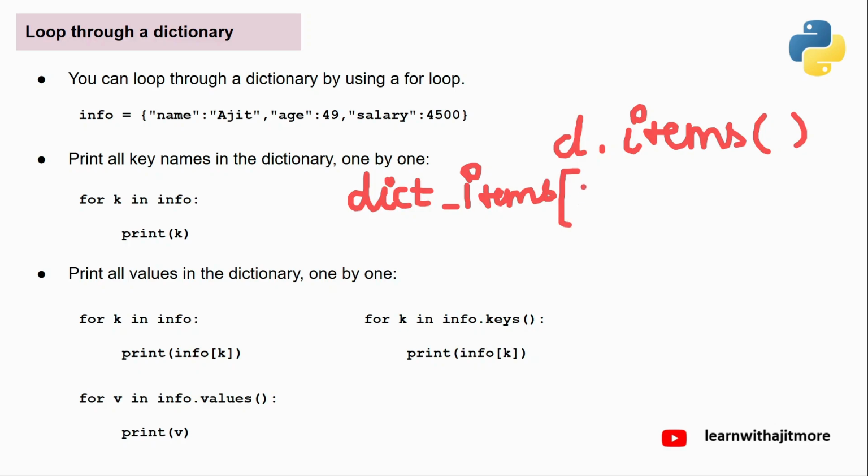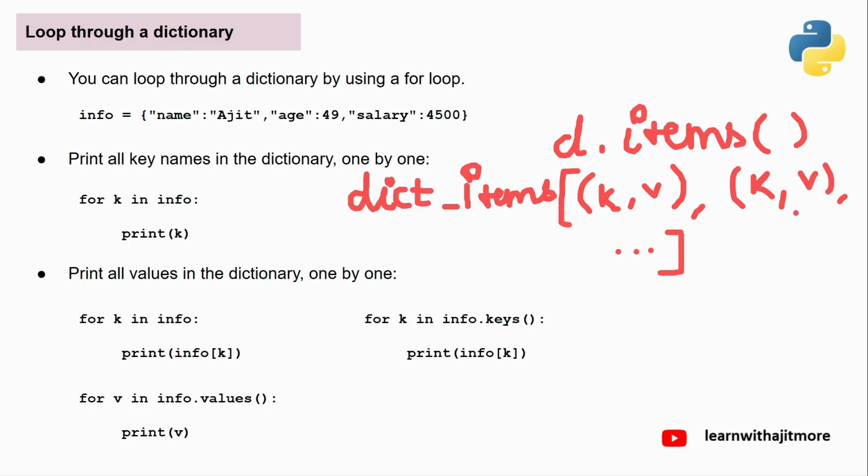And what will be there in it? Tuples like this. And a tuple will have only two values, one key and one value. Next, key and the value, like this. So it will give you one iterable of such tuples, and every tuple contains only two values, the key and the value.